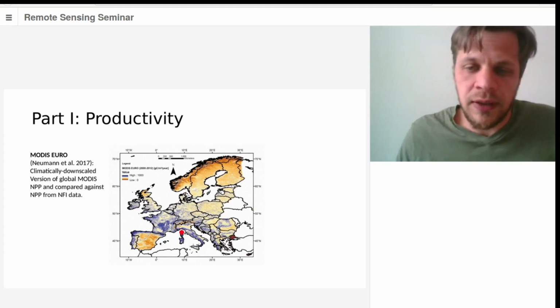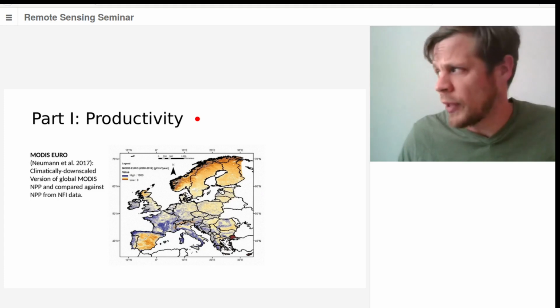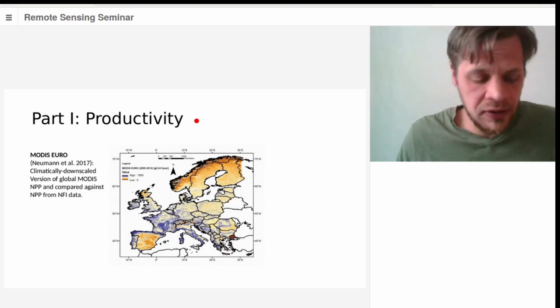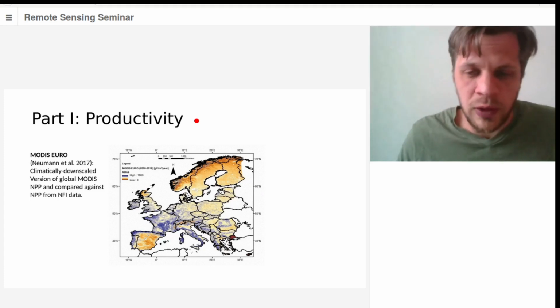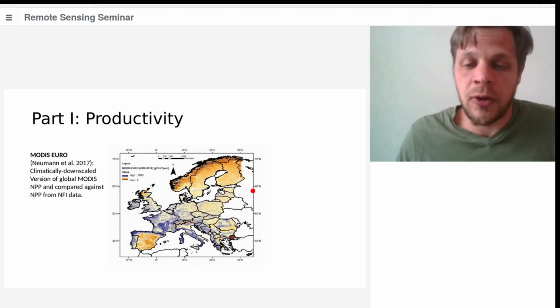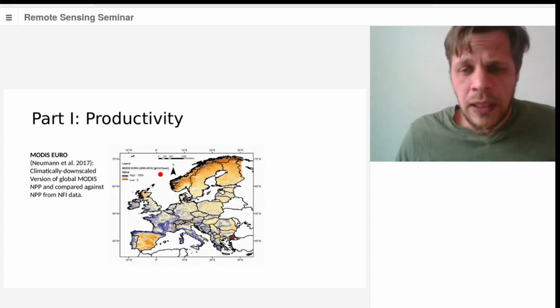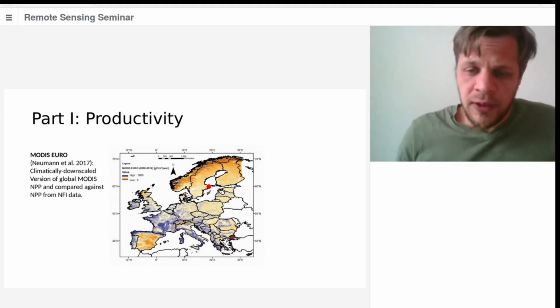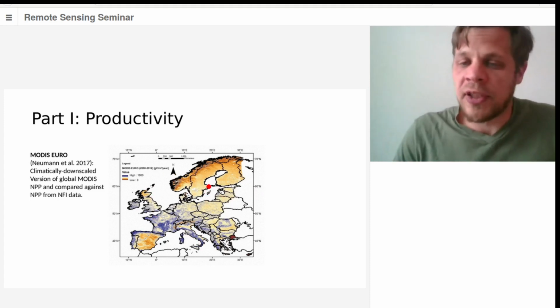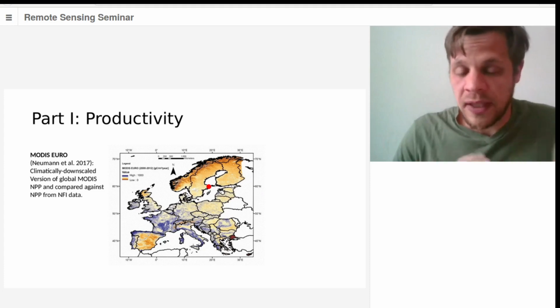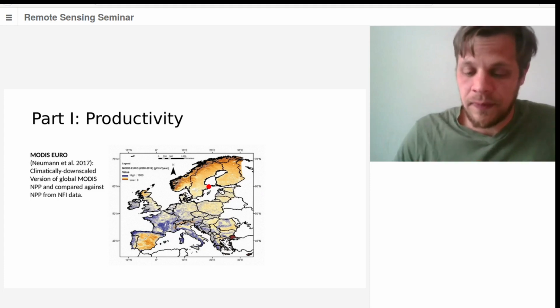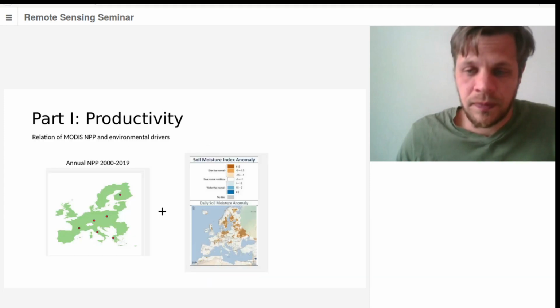Anyway, this MODIS Euro is currently available from 2000 to 2012. It's not sure whether or not it will be updated, but we will certainly in our project compare both products for a certain overlapping period in order to see does it make a difference or does it make no difference.